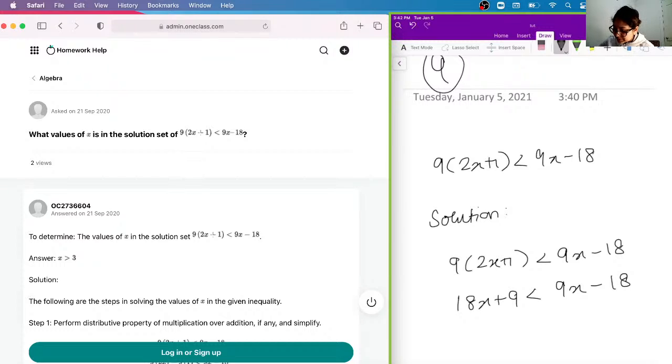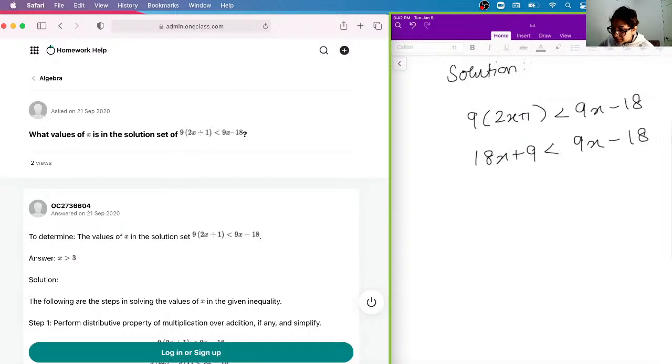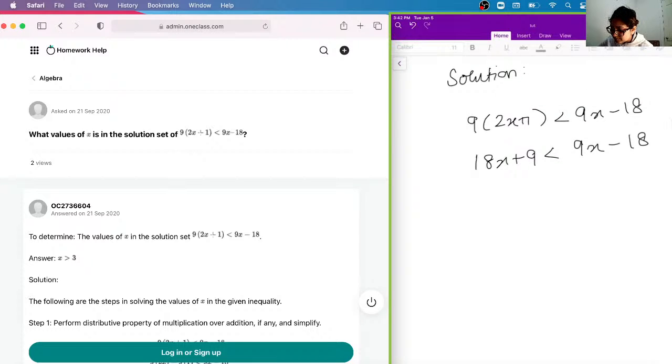And so now we have to divide each side by 9 since we're trying to get, we have to first move the 18, or put the like terms into one side and the others in the other side. So I would basically move the 18 to this side and the 9 to the other side.